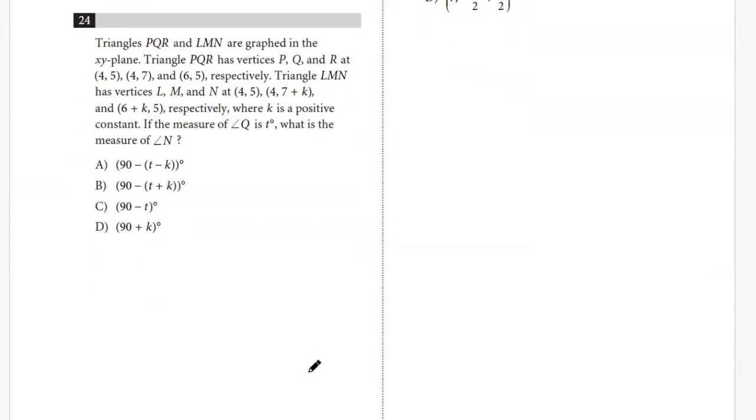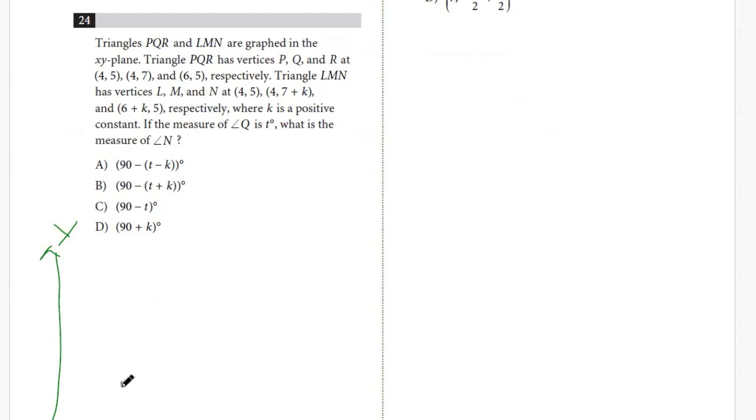So I'll go ahead and draw this out. Imagine we have x and y here. Let's say this is P, 4, 5. And this is R, 6, 5. I'll just put it like this.